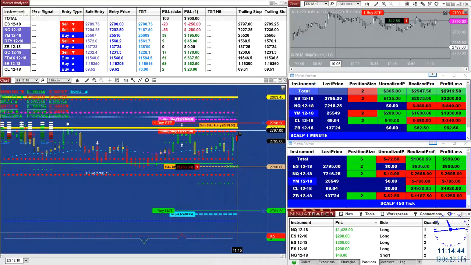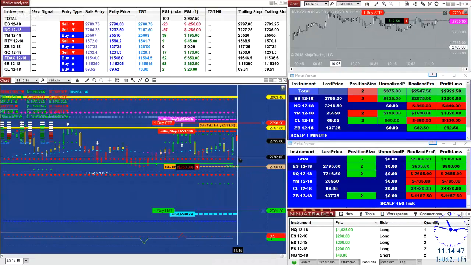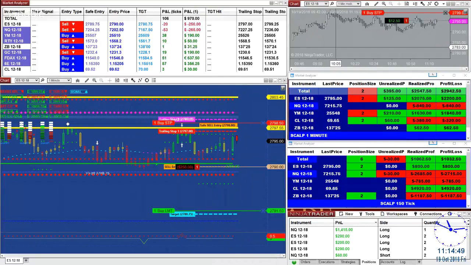Now you know yourself where the support line is. The support line is the 92 level. So you can exit at the 92 level if you are following that trade. You're very welcome.